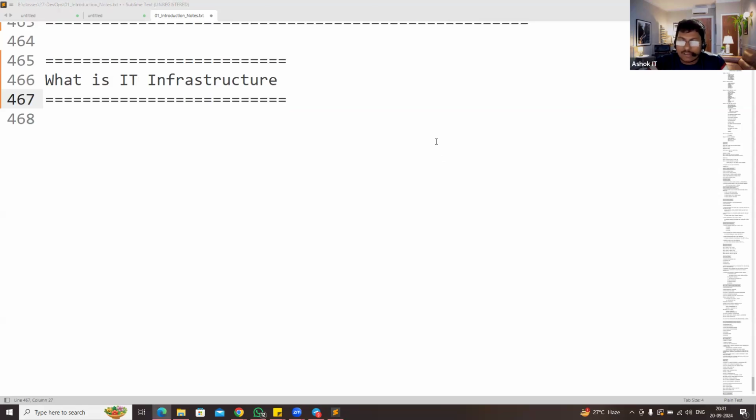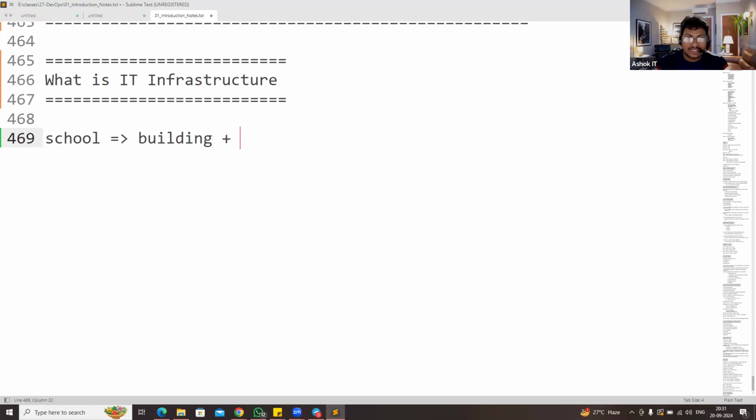To run a software company, we need several resources. The resources that are required to run our business are called infrastructure. For example, if I want to run one school, then a building is required.